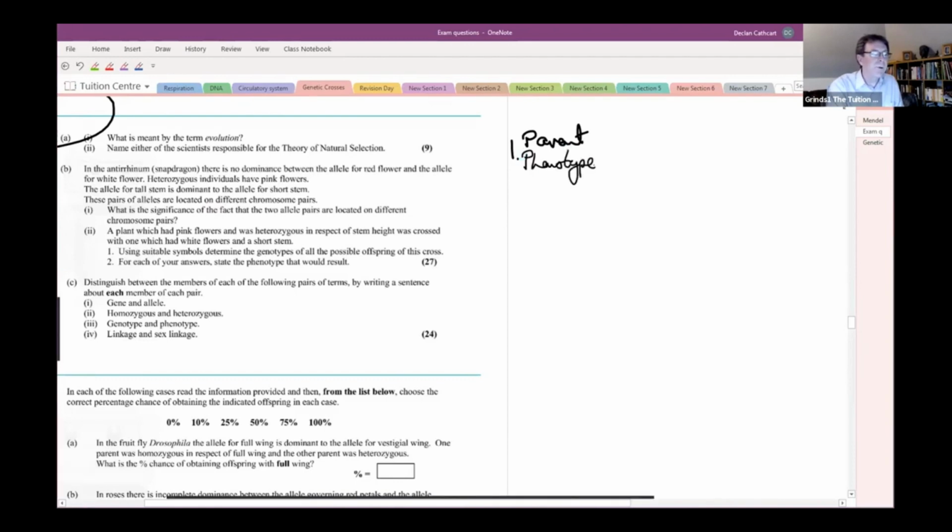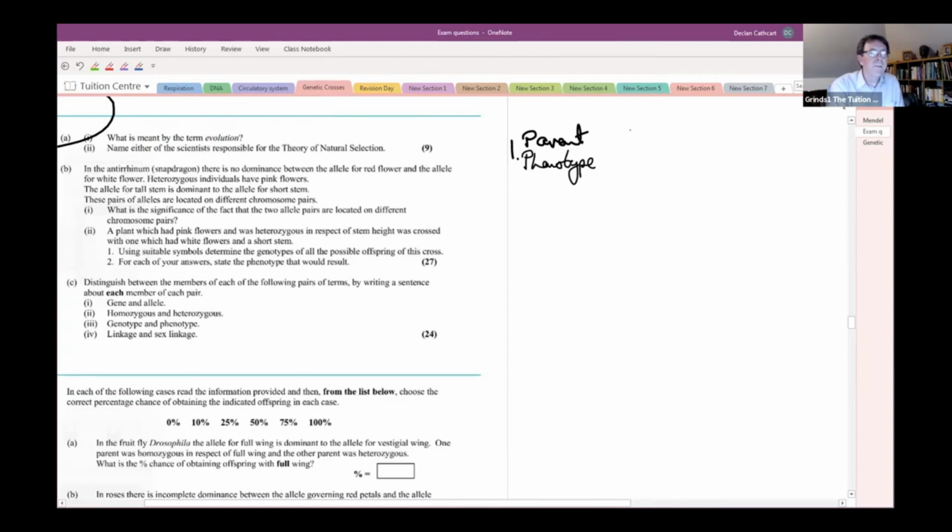When you're doing this cross, the question says there's a plant with pink flowers that was heterozygous in respect of stem height.